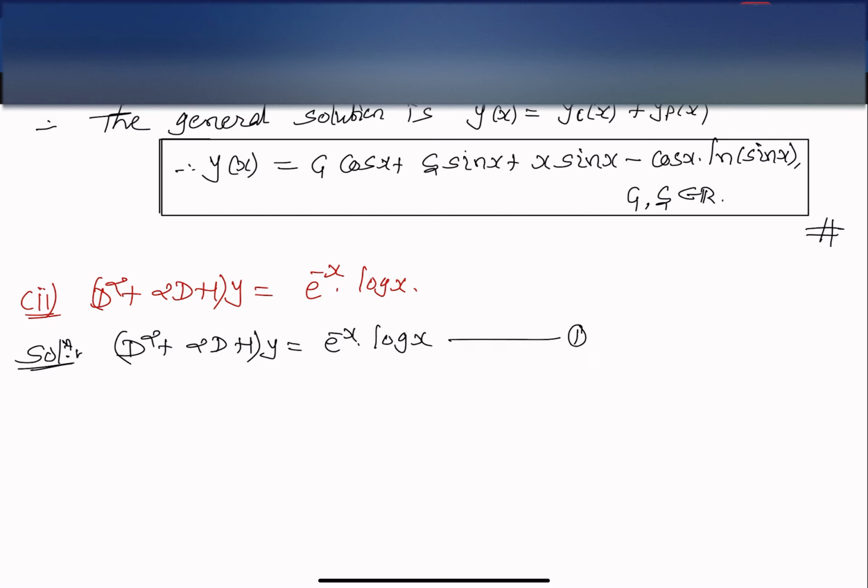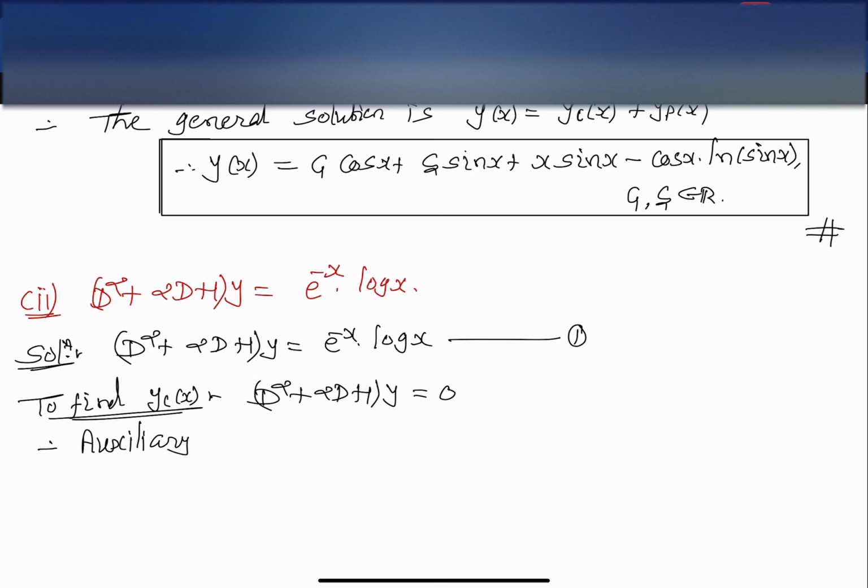Right? To find y_c(x), what I do? I consider the right hand side as 0. So I have (D square plus 2D plus 1) y equal to 0. And therefore my auxiliary equation is D square plus 2D plus 1 equal to 0.